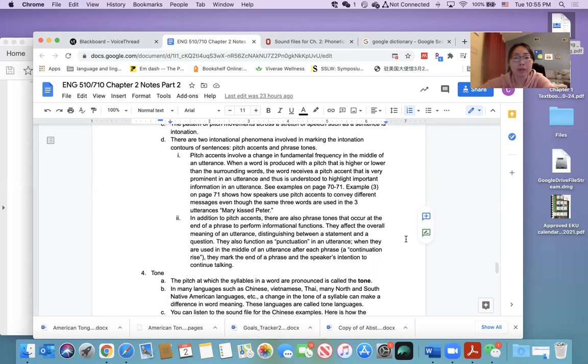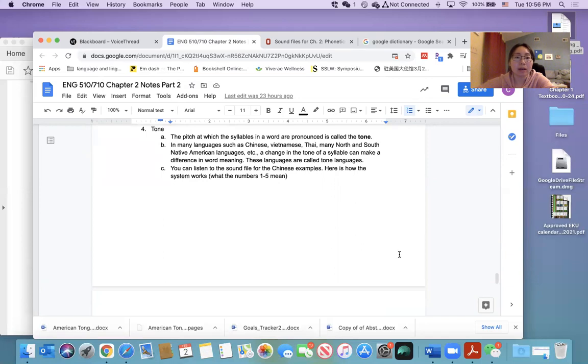If the pitch is higher at the end of a phrase, then it indicates I'm not done yet; there's more material or information coming. If it's a lowered pitch, that's usually at the end of a phrase or a sentence, and the speaker indicates I'm done talking here, right? You can see that example in our textbook as well.